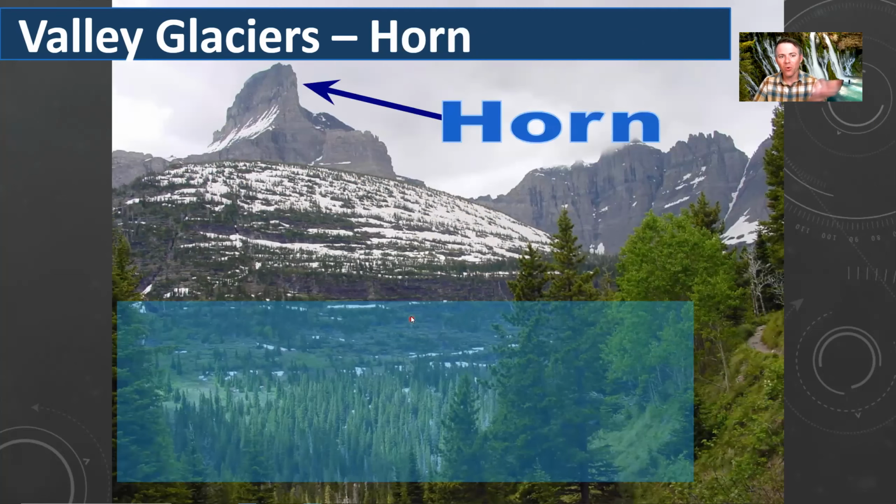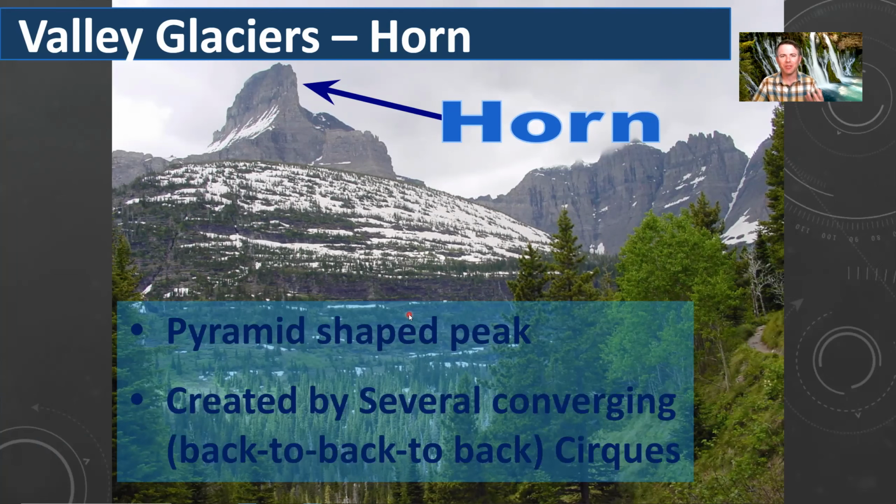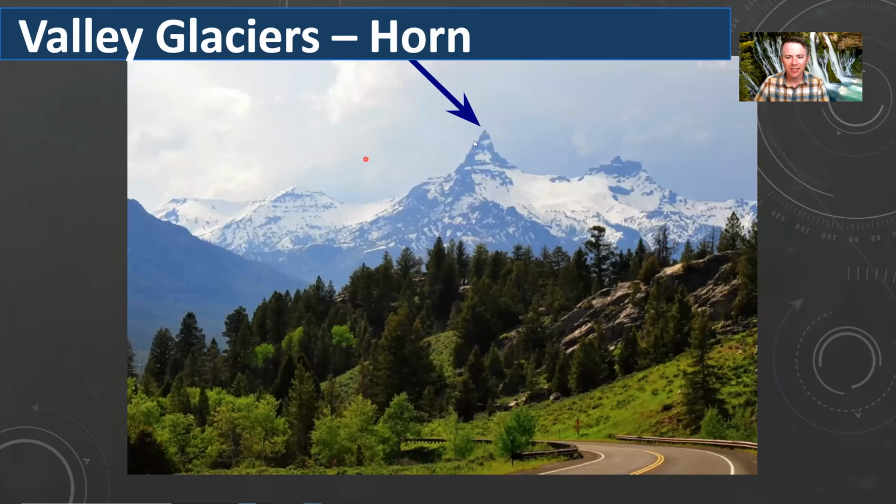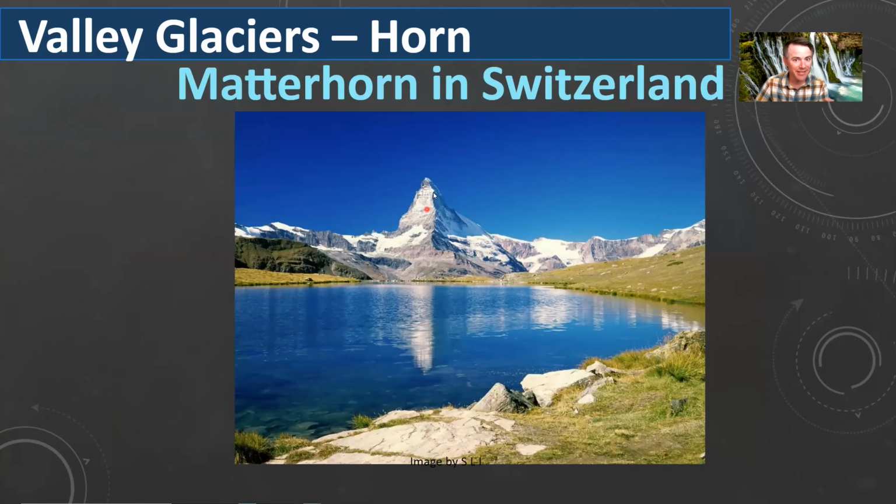And then we have horns. Horns are kind of a cool one. They're basically kind of like these pyramid-shaped peaks, and they're created when you have a bunch of back-to-back-to-back glaciers. This is an old picture from one of my first pictures of glacial stuff back in 2002. Here's another peak. So anytime you see these kind of weird alpine Matterhorn peaky looking things like this, the Matterhorn in Switzerland, that was created when you had a bunch of glaciers back to back to back to back.